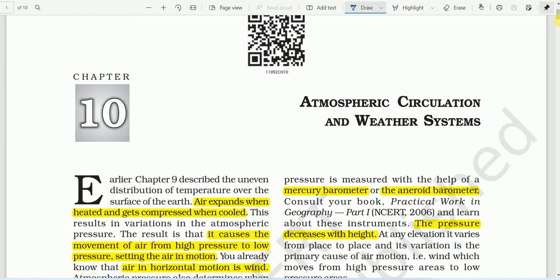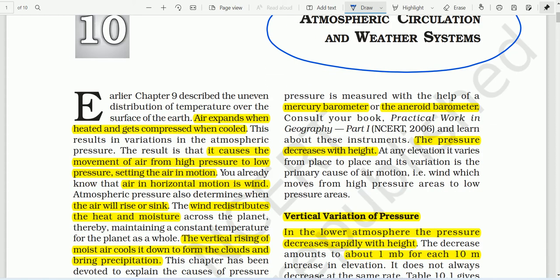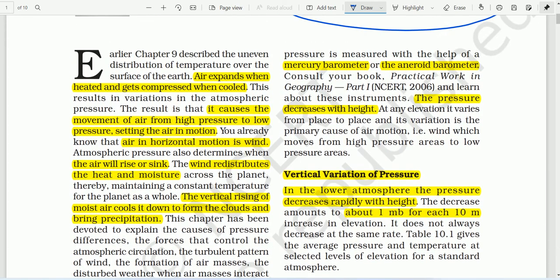The name of this chapter is atmospheric circulation and weather systems. And today we shall discuss atmospheric pressure, its vertical and horizontal distribution. So let us read.